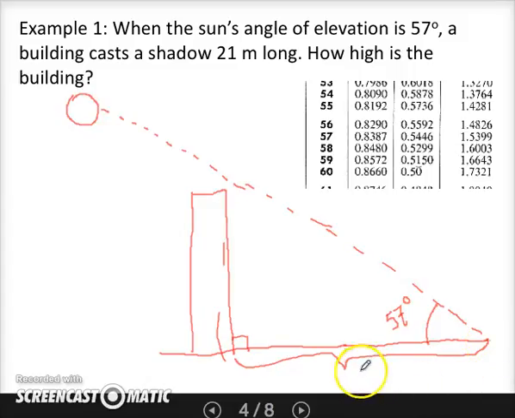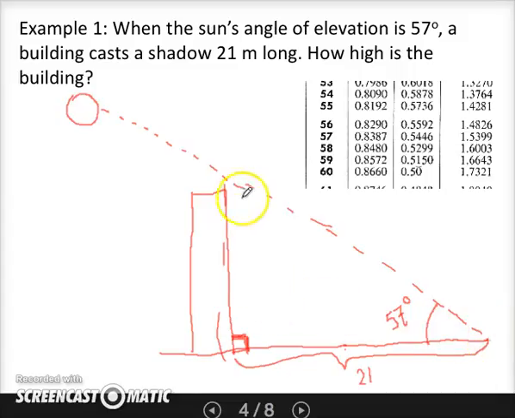So the shadow in this case is 21 meters long. And the other piece of information we have is that the building makes a right angle with the ground. So now we have a triangle made out of the shadow, the building, and the sun's ray along the hypotenuse.